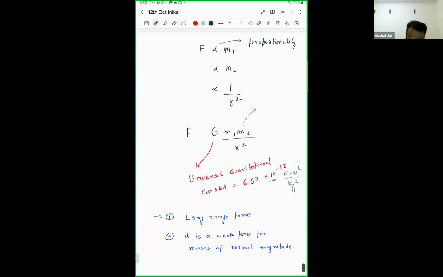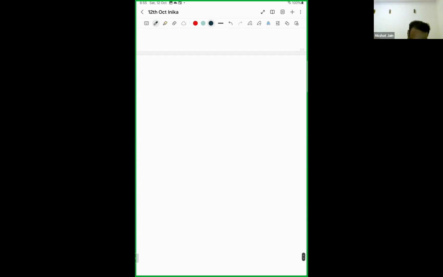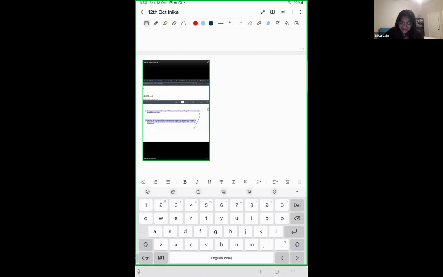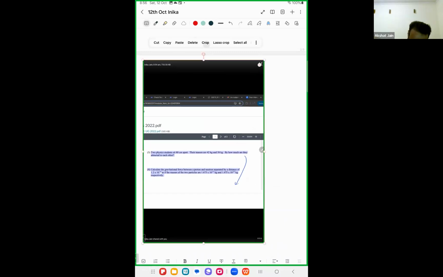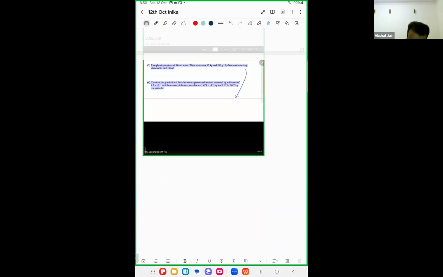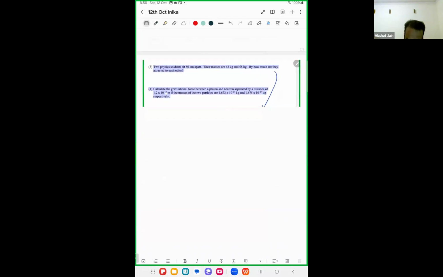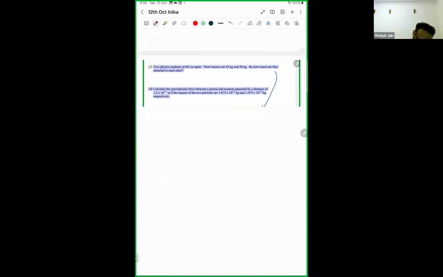So you could see yourself what a small force this is coming out to be. All right. So this is coming out to be a significantly small force: 6.67 into 10 to the power minus 11 into 42 into 58, divided by 80 by 100 square.